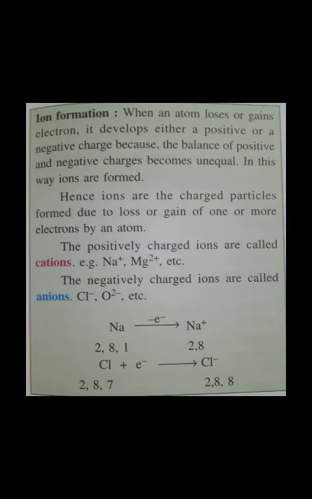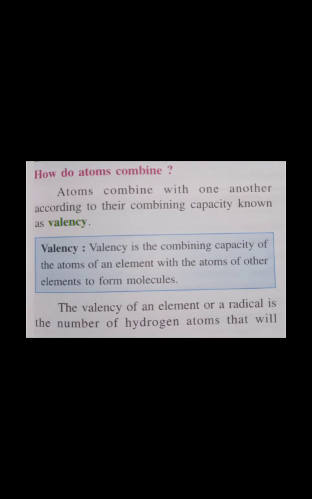So its electronic configuration will become 2, 8, 8. Now in the last shell 8 is coming, that means it is stable, therefore it will gain one electron and become negatively charged.